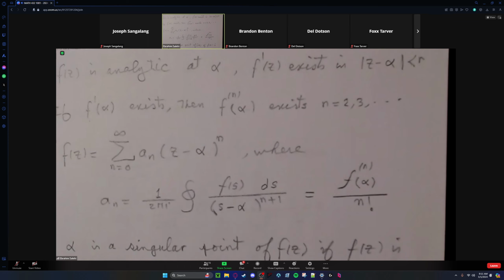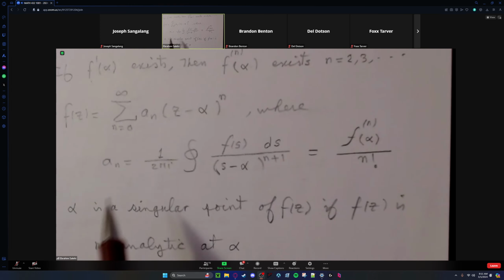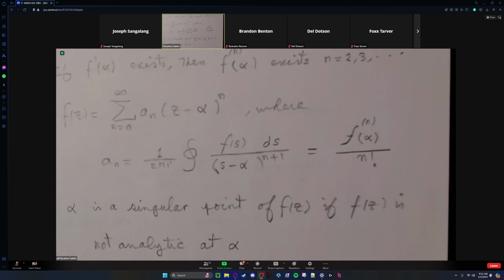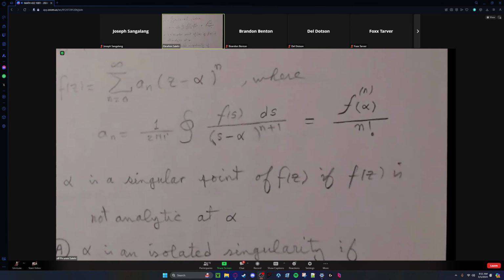But what if that alpha is a singularity? The first four lines are Taylor's theorem. When alpha is a singularity, then f of z is not analytic at alpha, and still we want to write the power series of the function in powers of z minus alpha.